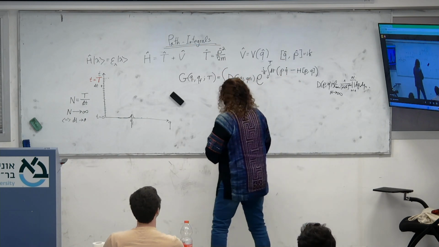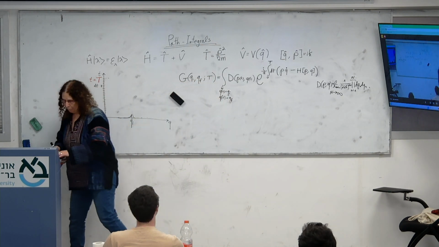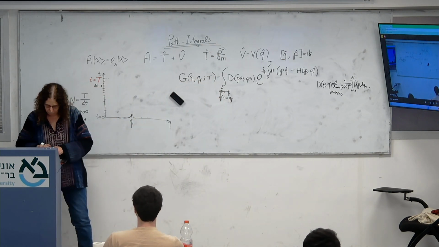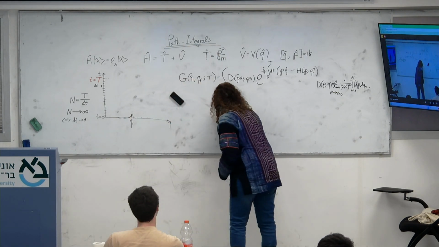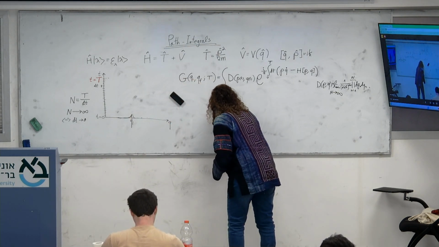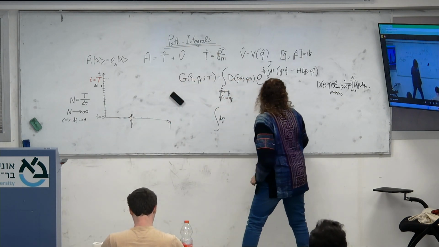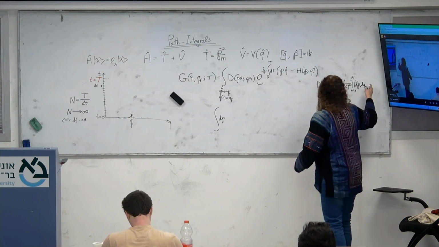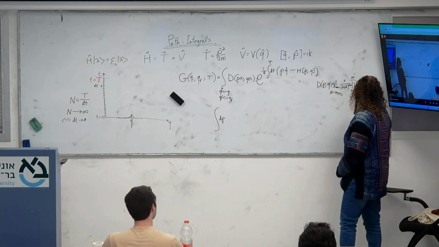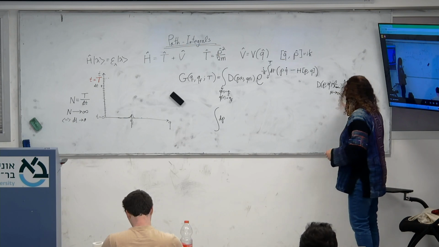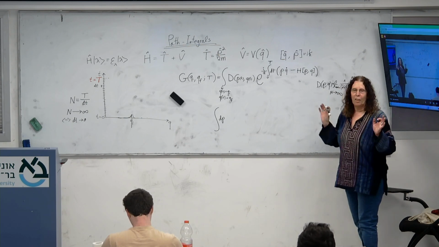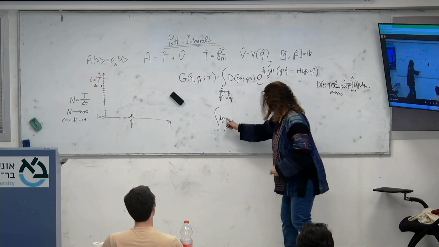So let me write down at each time step. There is a p_n where little n goes from 1 to n, but let me just pick one particular n and call it p.